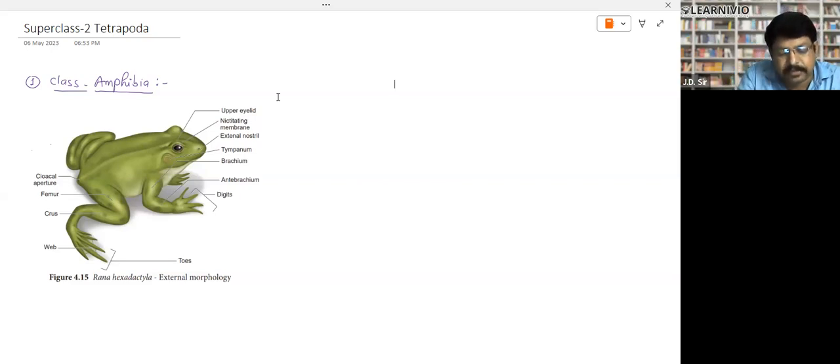The female lays the egg outside of the body in the water, and the male spreads the sperm outside of the body. Sperm and egg keep floating in the water and meet only in the water. So water is required for reproduction. That is the peculiarity of amphibians.